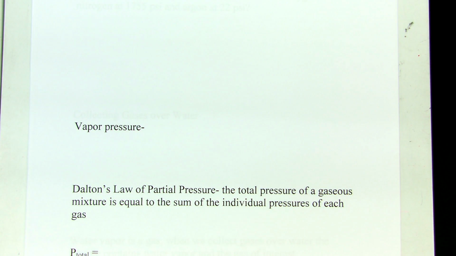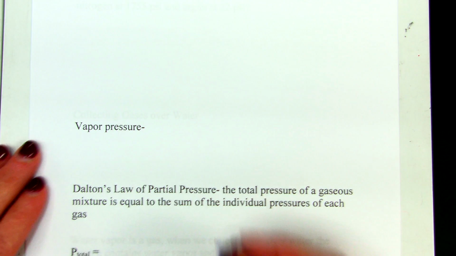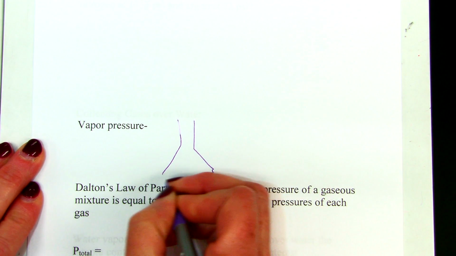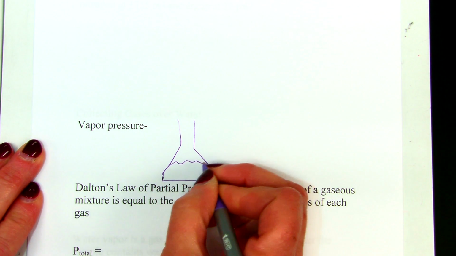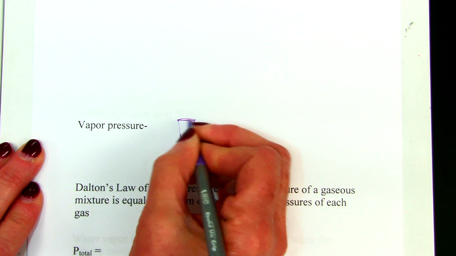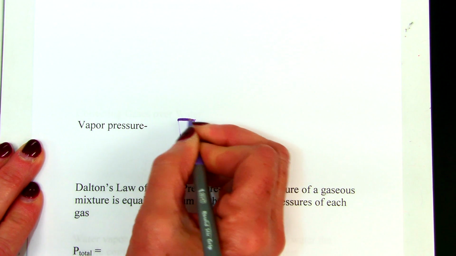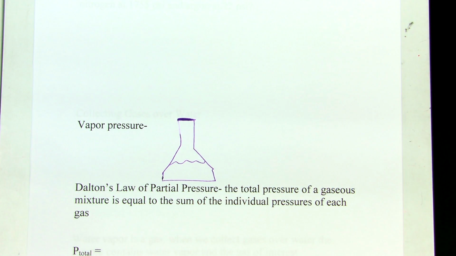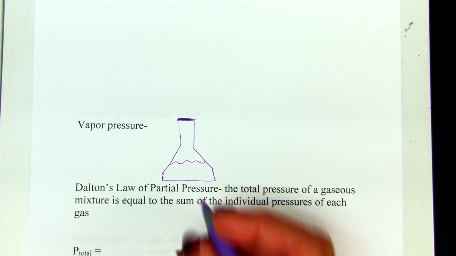pressure. When we talk about vapor pressure, we're talking about the pressure of a gas vapor that is over a container of a liquid. So if I have some liquid in a closed container, so this is sealed up at the top, as this liquid sits in there, it will eventually start to evaporate a little bit.